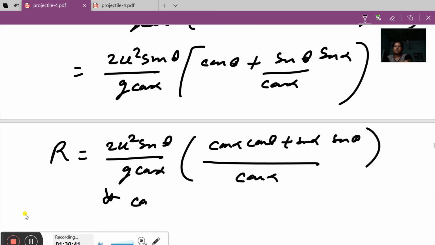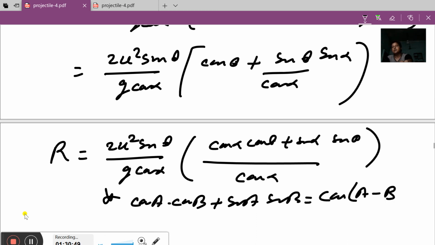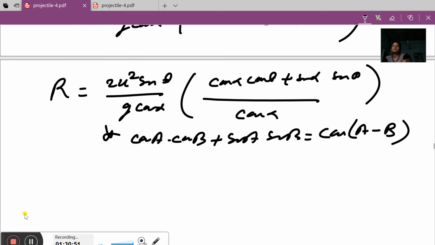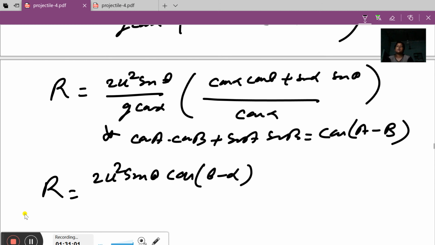We have a formula cos A cos B plus sin A sin B equals cos A minus B. So range formula is 2u square sin theta into cos theta minus alpha, or alpha minus theta, divided by g cos square alpha.